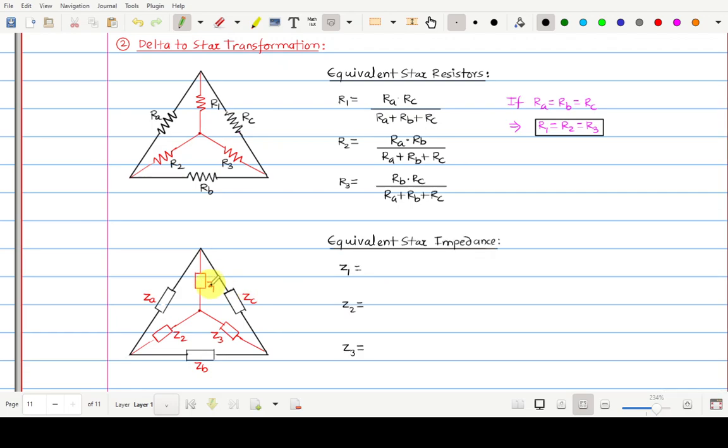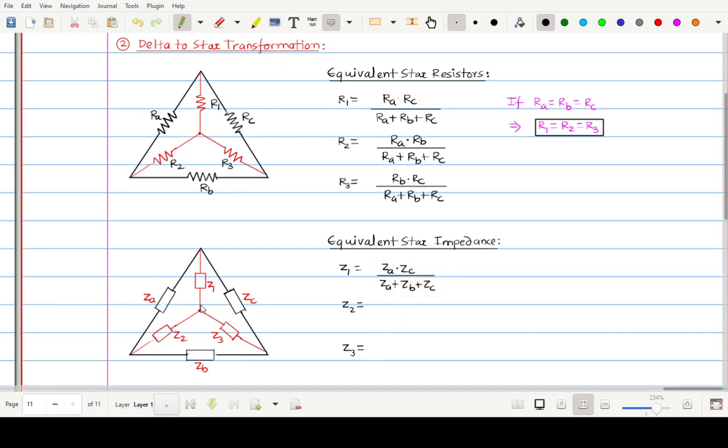Suppose we want to find Z1. What are the nearest impedances? ZA and ZC. So ZA into ZC divided by ZA plus ZB plus ZC, the total impedance. While finding Z2, nearest impedances are ZA and ZB, so ZA into ZB divided by total impedance.